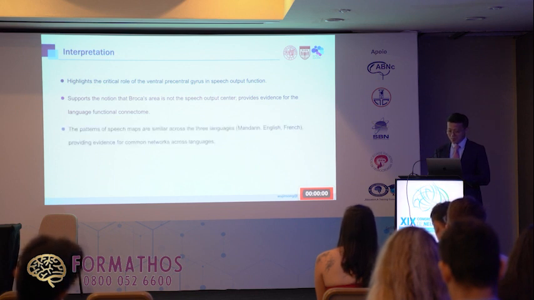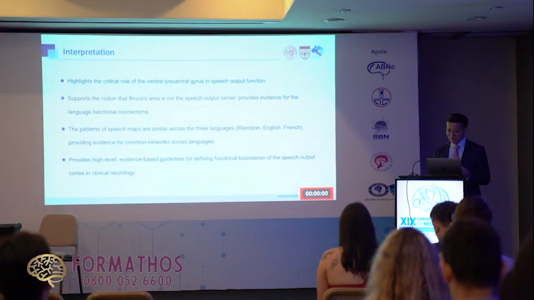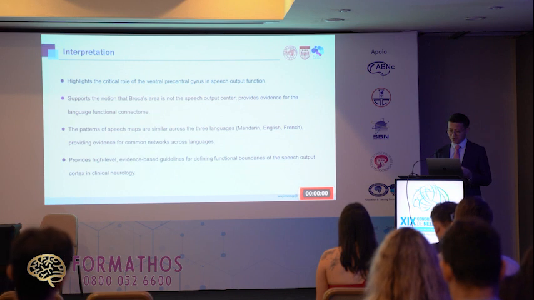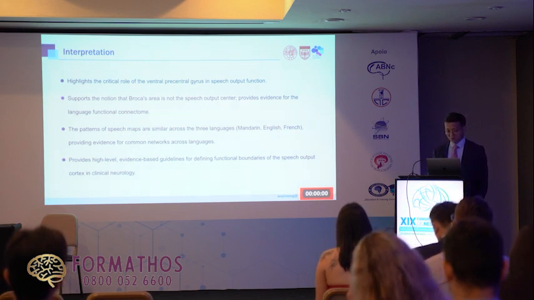Furthermore, the pattern of speech output maps are similar across 3 languages, Mandarin, English, and French, providing evidence for a common network across languages. Finally, we believe the work can provide a high-level evidence-based guideline for defining the functional boundary of the speech output cortex for clinical neurology.